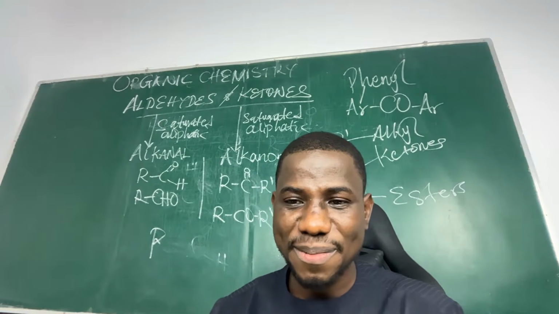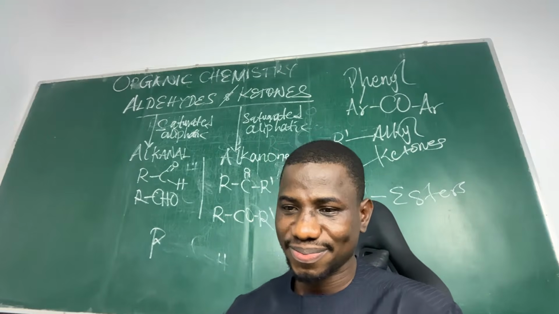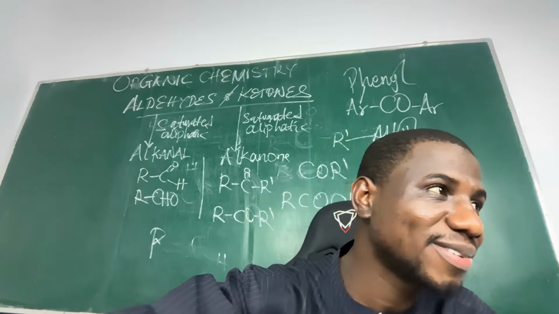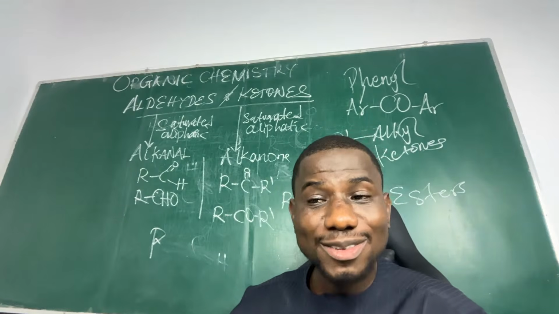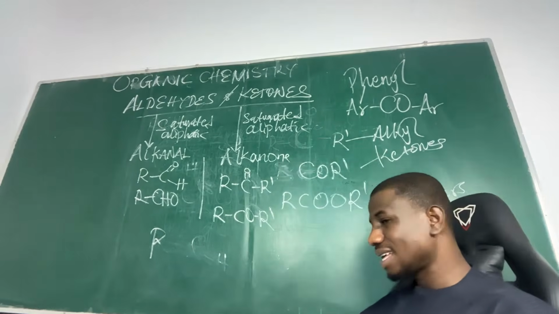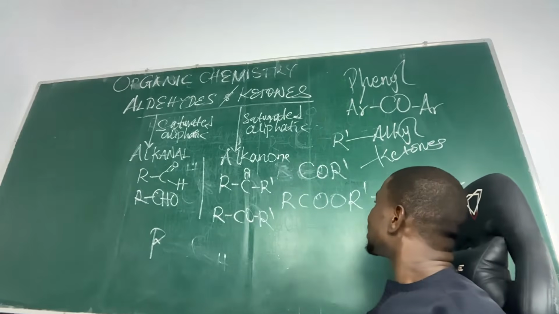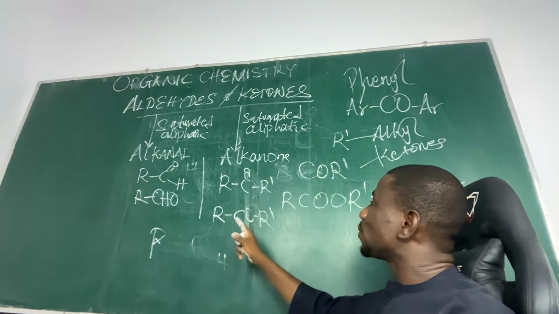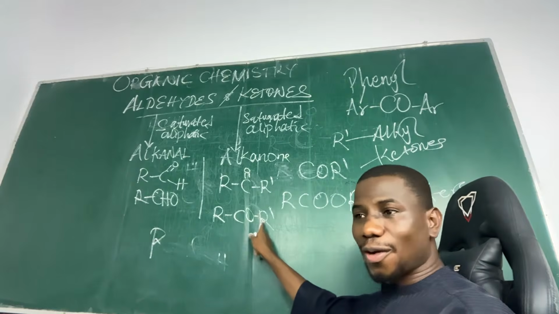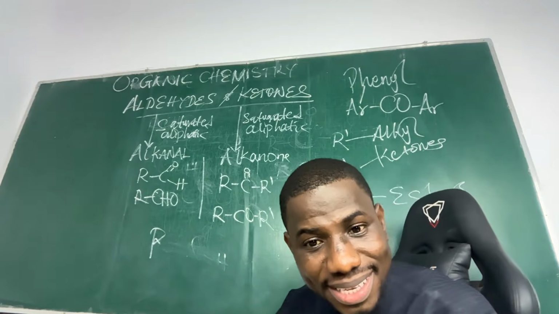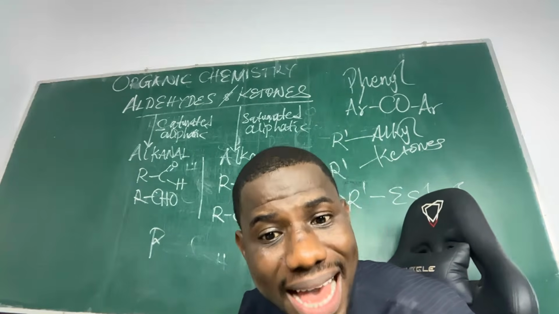So who is the first member for alkanones? It's very, very simple. I told you that in alkanones, we have R, CO, R prime. That R must be there.